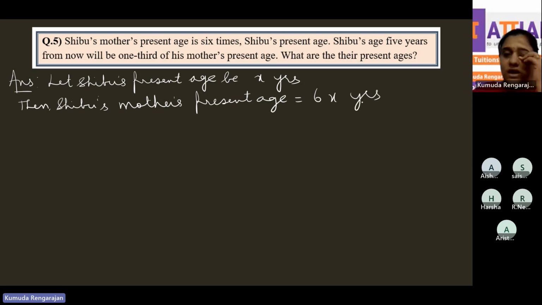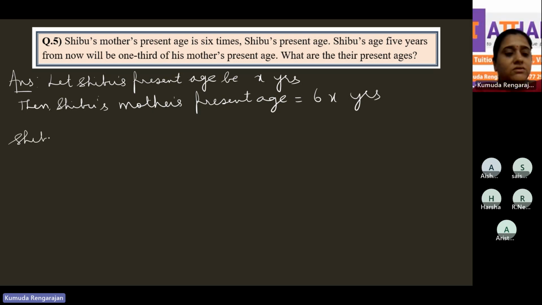Now, Shibu's age 5 years from now will be 1/3 of his mother's present age, that is given.